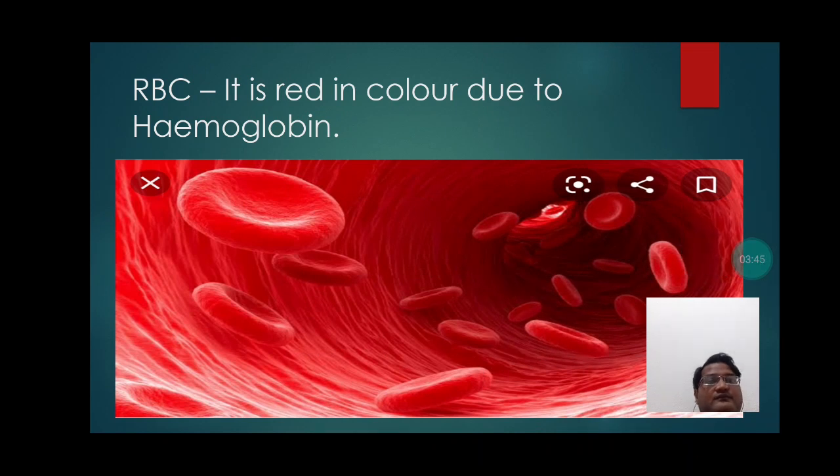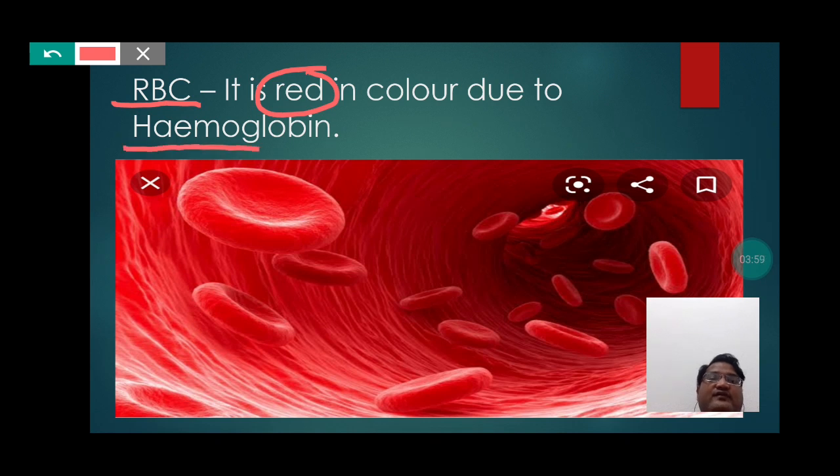RBC is red in color due to hemoglobin. So students, RBC, which we call red blood cell, is red due to the presence of a specific pigment on the surface of the red blood cell, which we call hemoglobin. If you concentrate on this picture, you can easily understand the flow of the RBC.